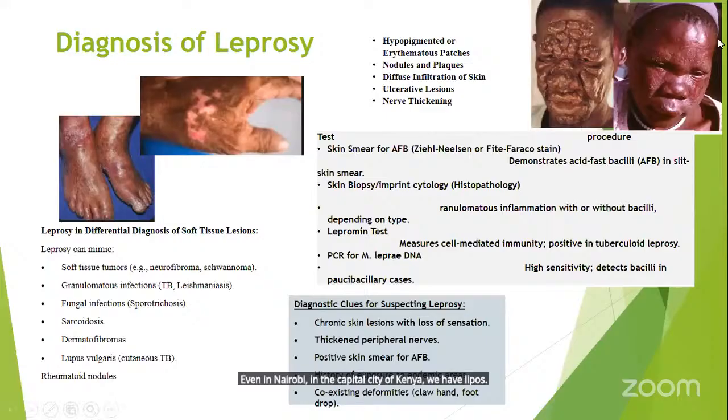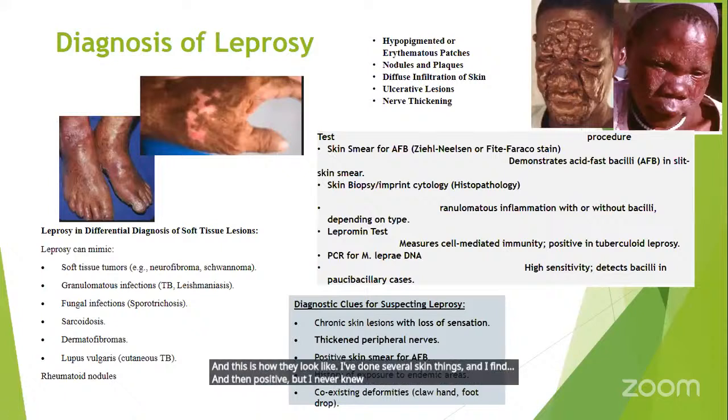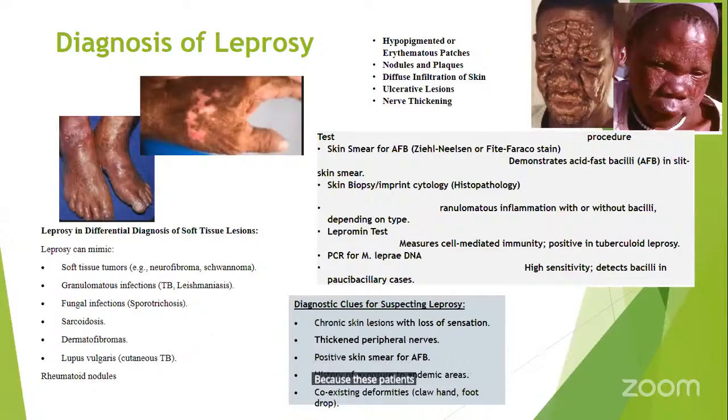And this is how they look. I've done several skin smears and I find they're positive, but I never knew that occasionally you should check to know the specific type of bacilli, because these patients are found in our chest clinics and some have even given up because they know what is eating them.